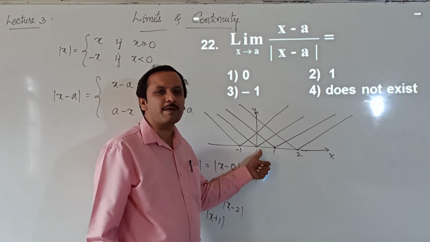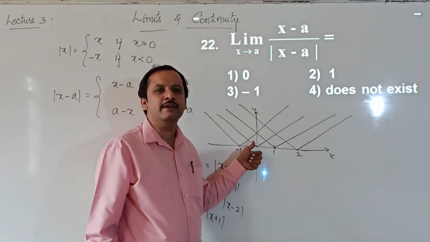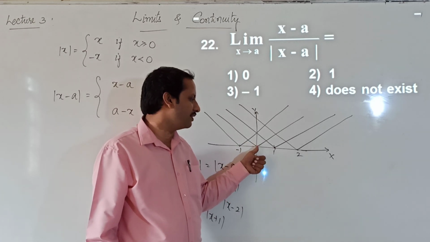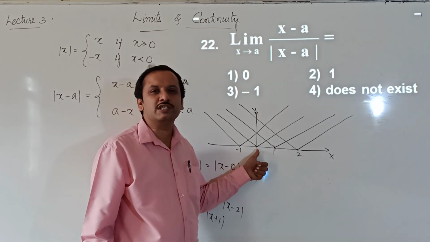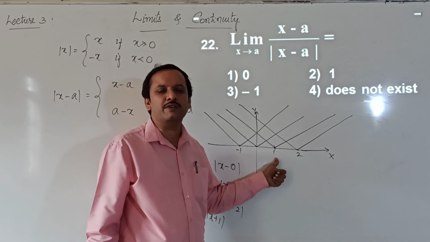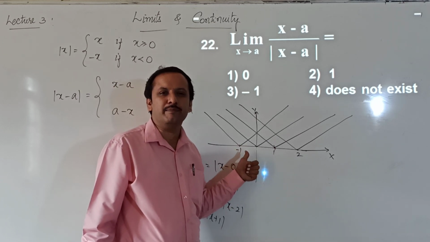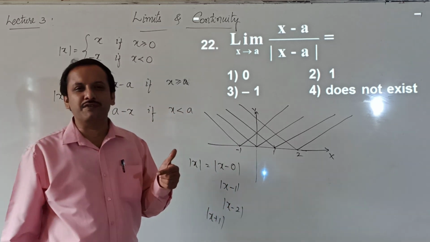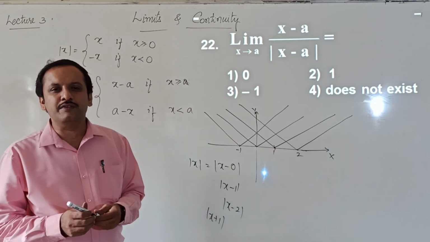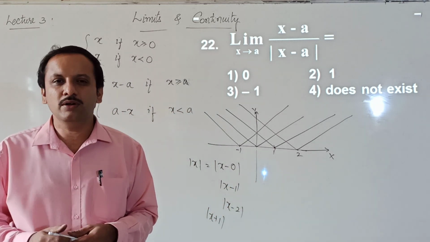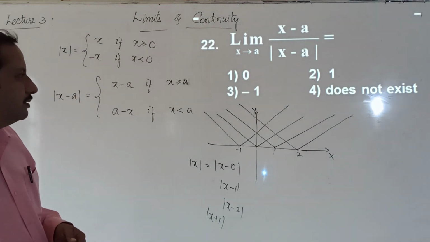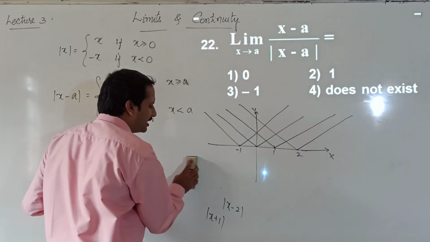Whenever there is a sharp edge at a particular point, at that point the function is not differentiable. So mod x is not differentiable at 0, mod x minus 1 is not differentiable at 1, and mod x plus 1 is not differentiable at minus 1. In general, modulus of x minus a is not differentiable at x equal to a. Okay. So this is a brief explanation about mod x minus a.